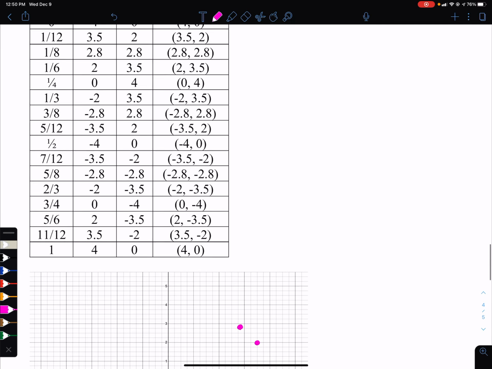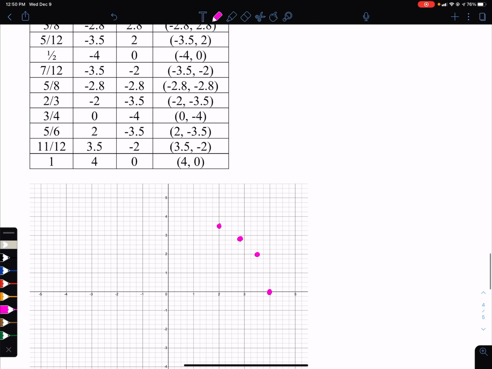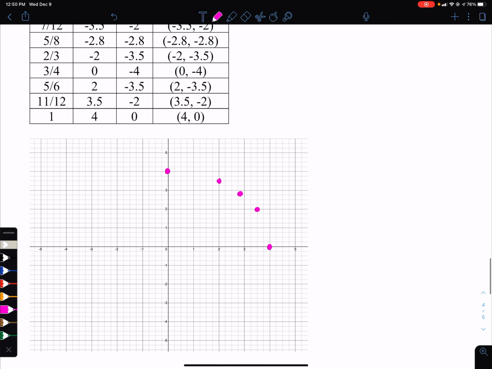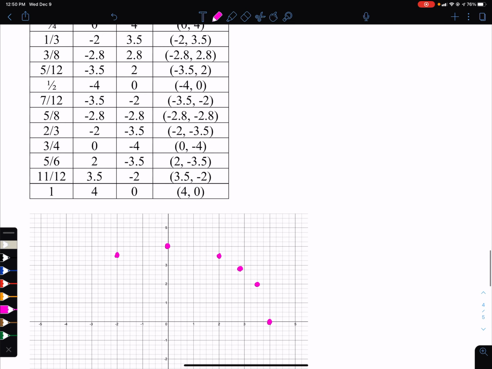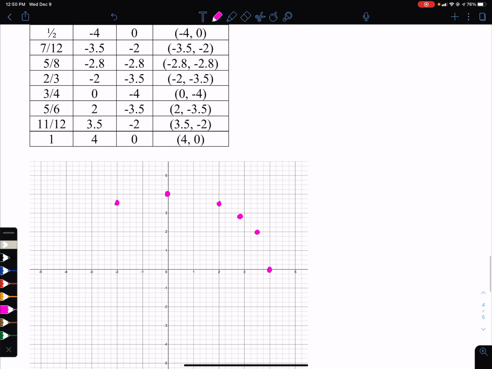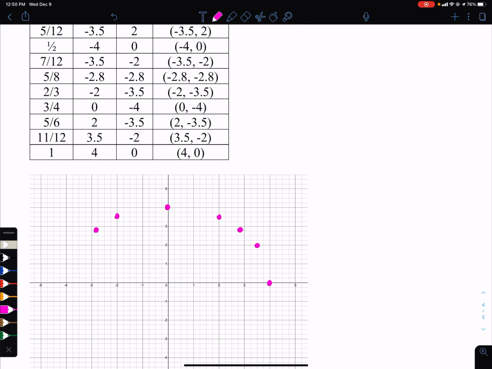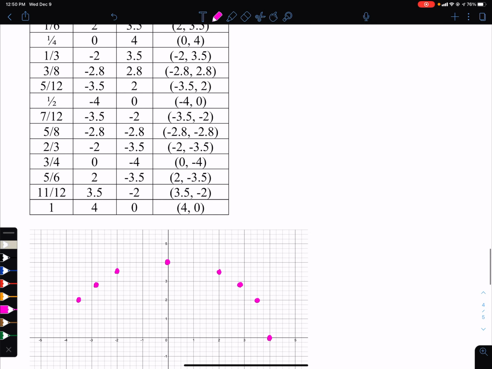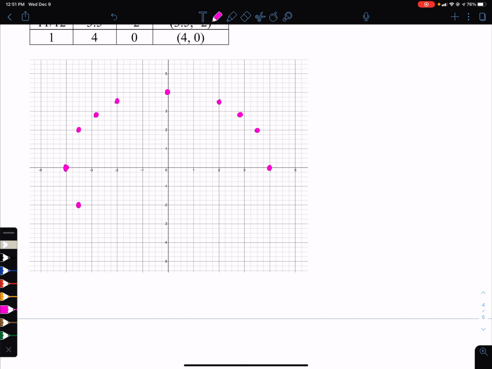And then we have 2 and 3.5, then 0, 4, and this continues, and we're going to have negative 2 and 3.5, and negative 2.8, 2.8, and then we're going to have negative 3.5, positive 2, and then negative 4, 0.